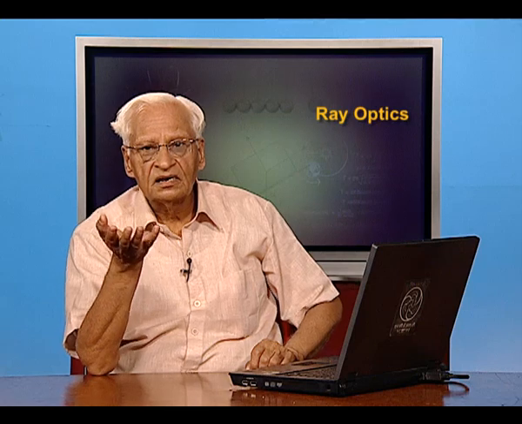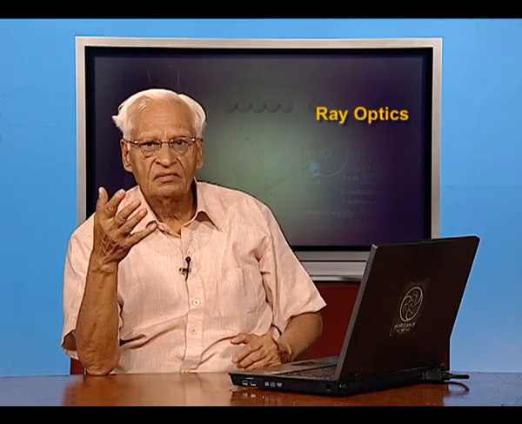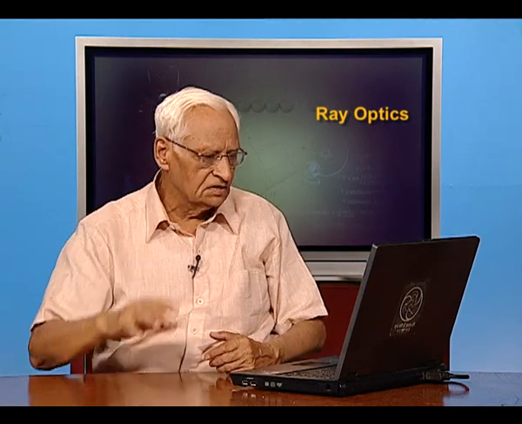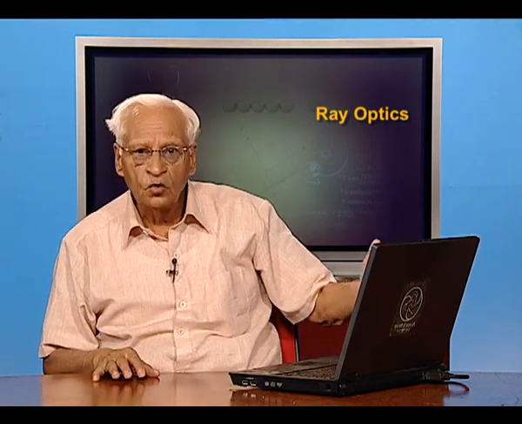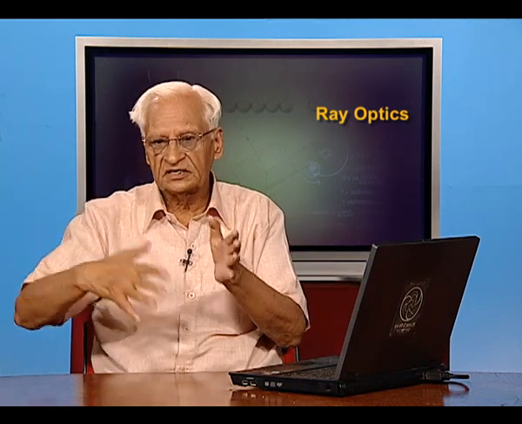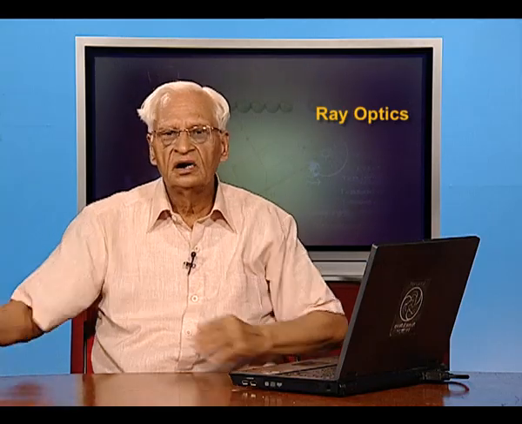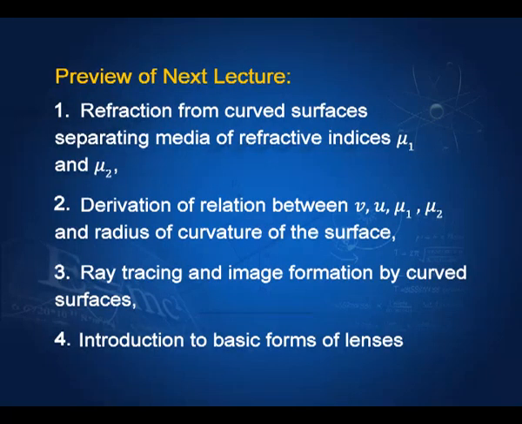In the next lecture, we shall again continue with this geometrical optics, and now we shall see the spherical surfaces which separate two media of two refractive indices, and we shall derive this relation between object distance, image distance, and the radius of curvature of the surface.